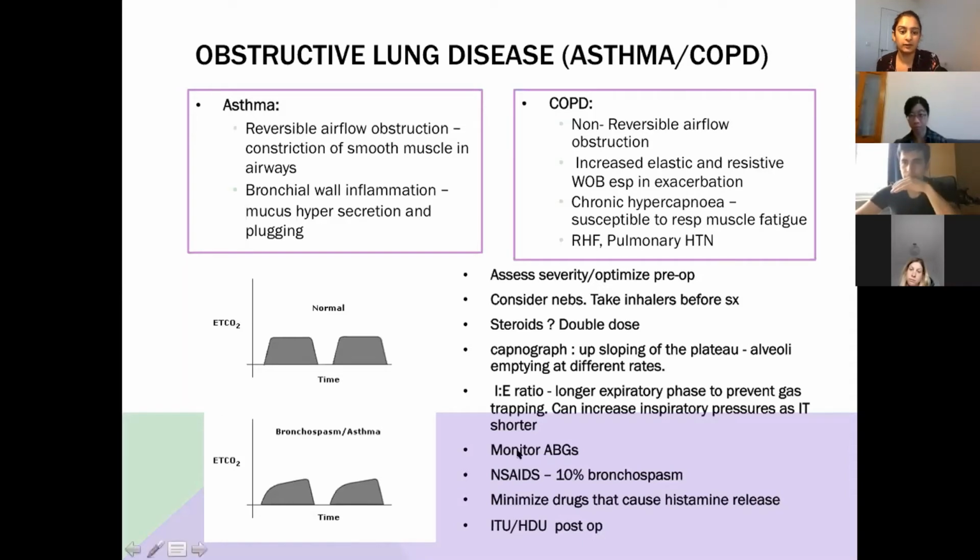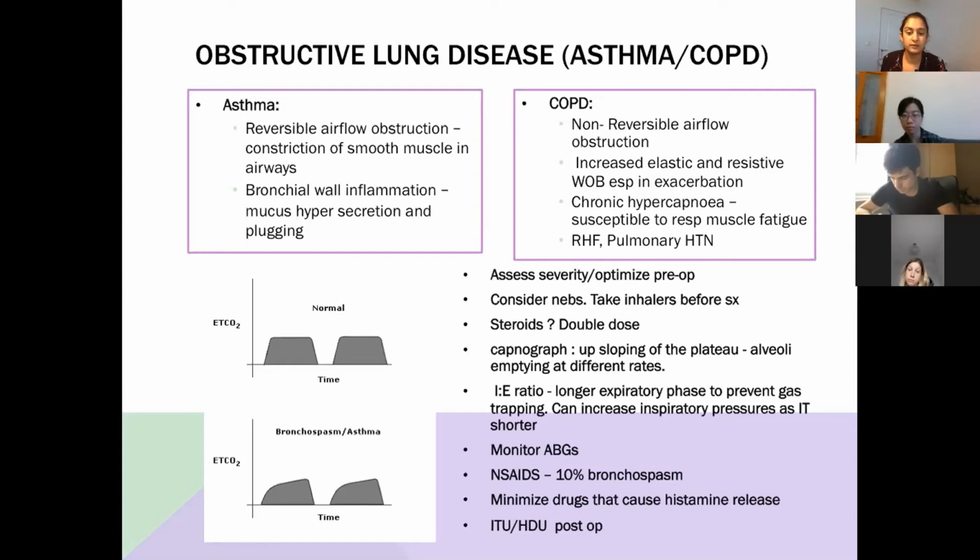I've included a little diagram of the capnography graph shown in obstructive lung disease. So you can see you get an upsloping plateau, and this is because the alveoli empty at different rates. So a ventilation strategy for these patients would be having a longer expiratory phase to prevent the gas trapping that can occur. This is good, however, it can increase the inspiratory pressures as the inspiratory time is shorter.